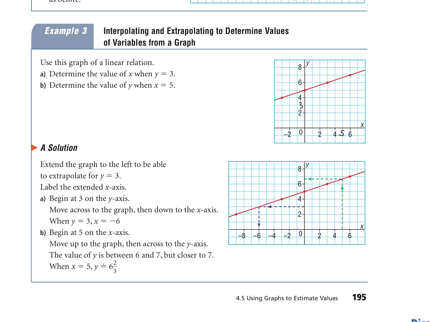So now that I know where x is equal to 5, I can then use that to determine the value of y when x is 5. So from this point here where x is 5, I can come straight up till I hit my red line, straight across to here, and I'm a little bit below 7, so I'm going to estimate that to be about 6.75-ish.